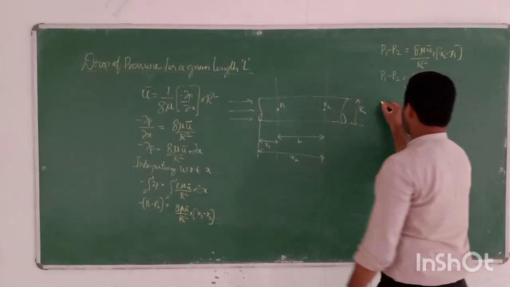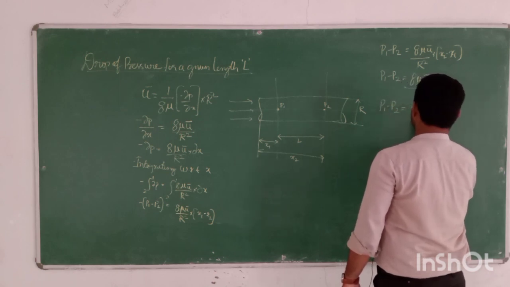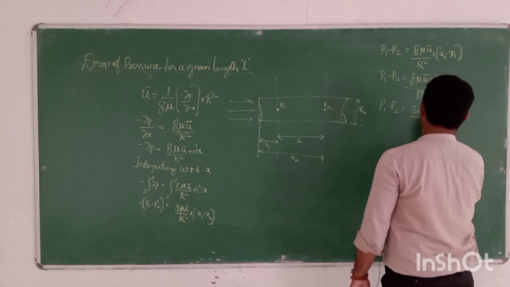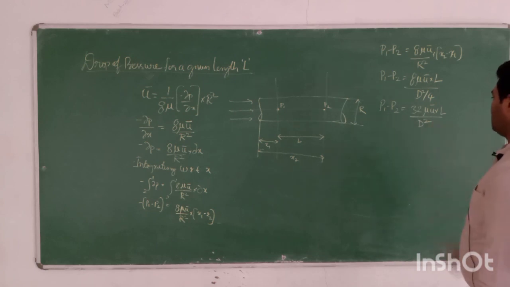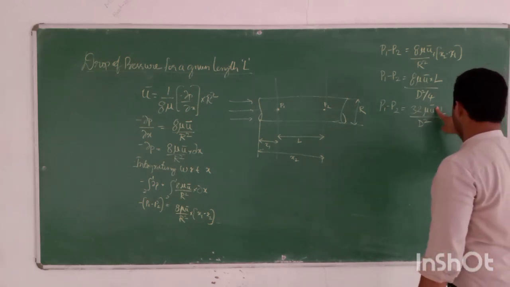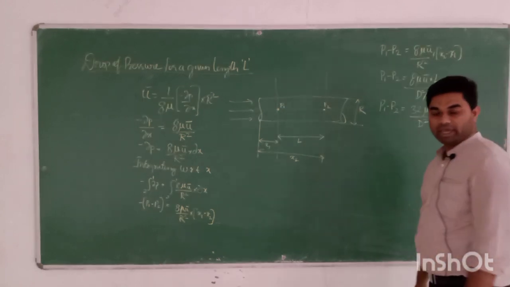So this equation becomes P1 minus P2 equals 32 mu u bar L by d square.